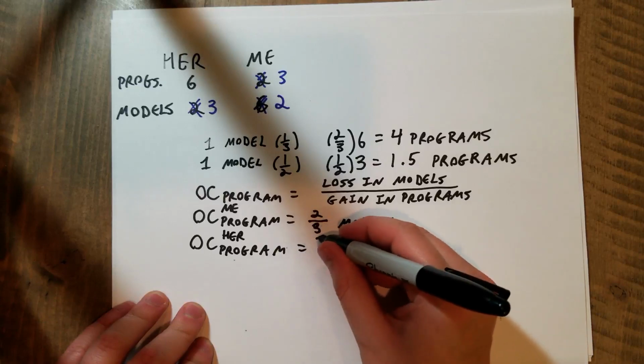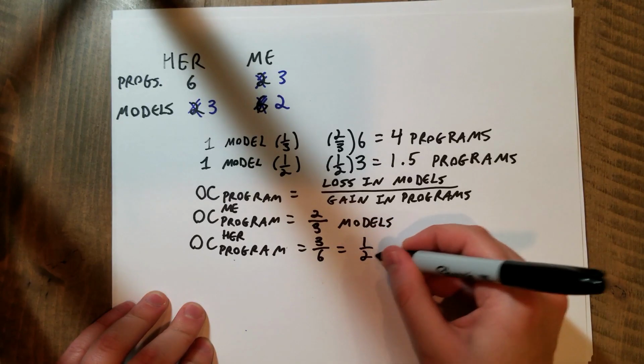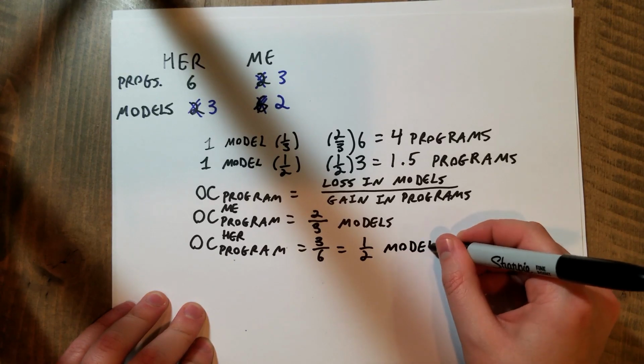So on a per program basis, she is giving up 3 models in exchange for 6 programs. So that is 1/2 of a model. Okay? So we've calculated out the opportunity cost. And this is not in terms of dollars, this is in terms of what we are giving up. Right? I gave up 2/3 of a model every time I decided I wanted to make a program. She gave up 1/2 of a model every time she decided she wanted to make a program.